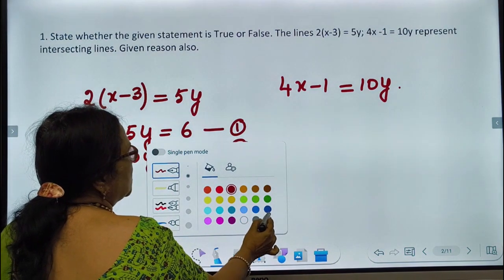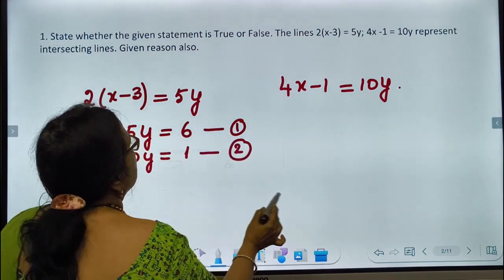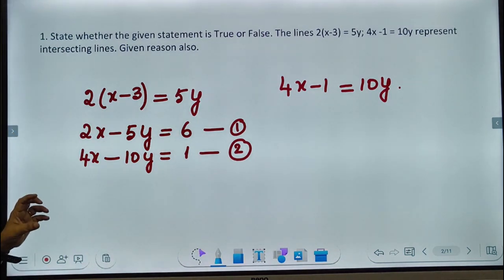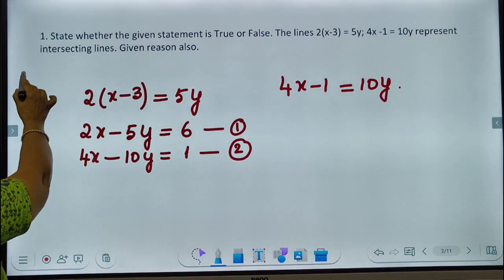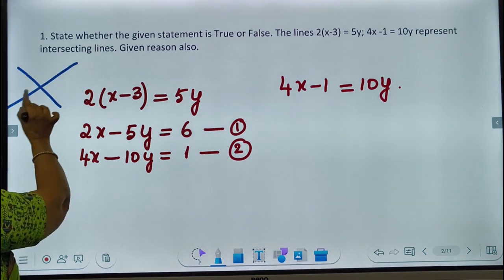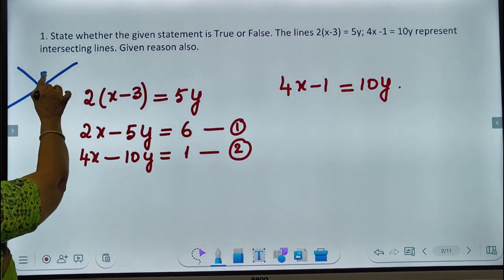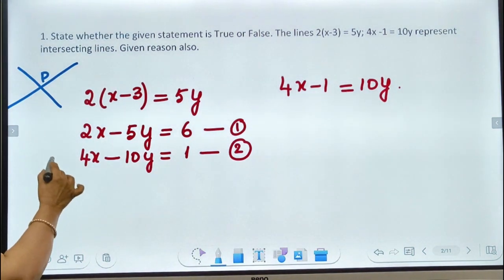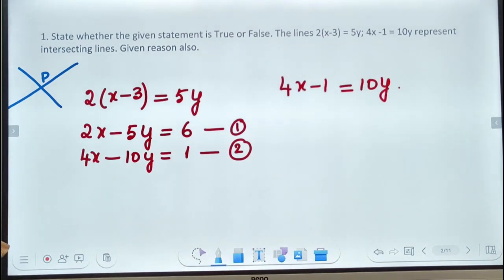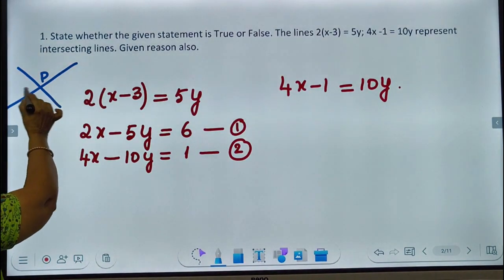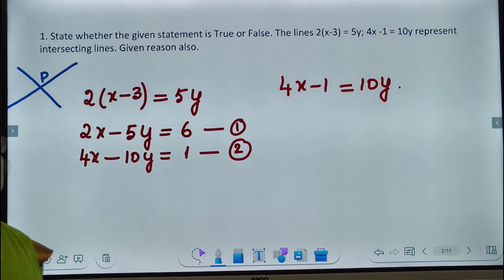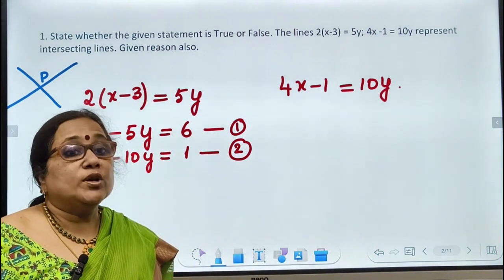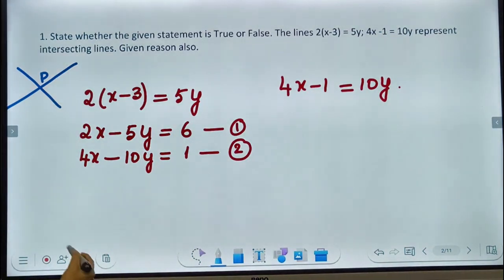But before that, the question that you need to ask is, will they have a unique solution? Two lines are intersecting. They intersect at a point. So that means the equations should have a unique, only one solution. When they intersect at only one point, the equations should have a unique solution. When is that possible?